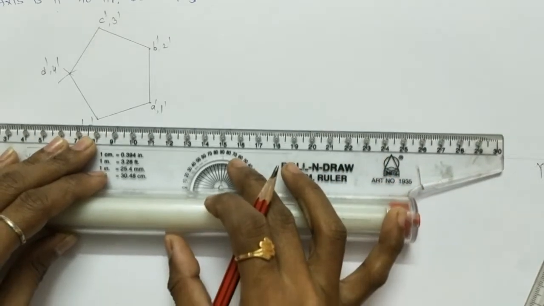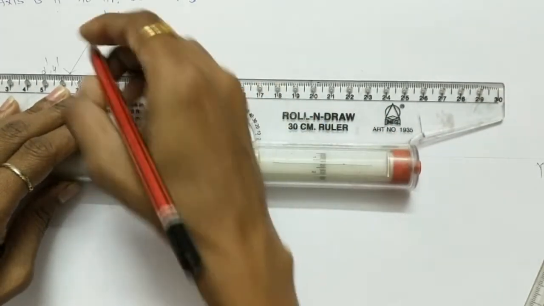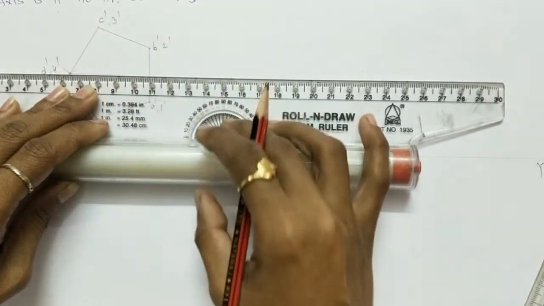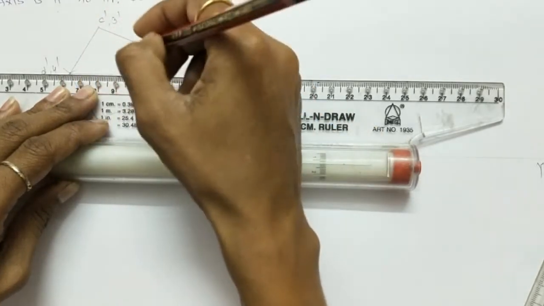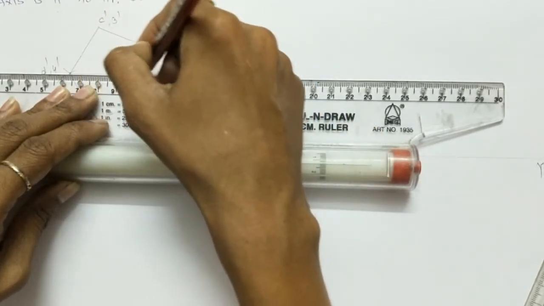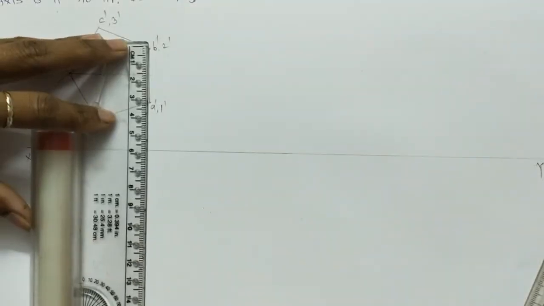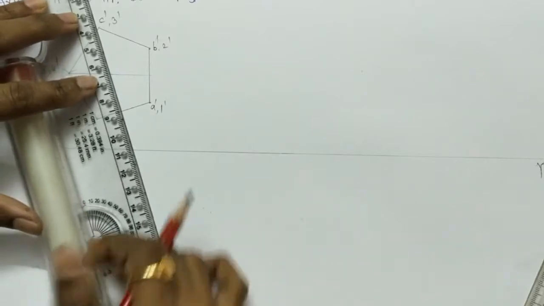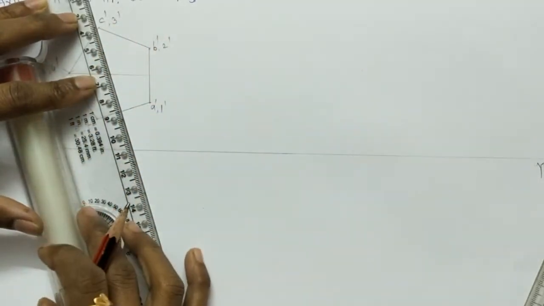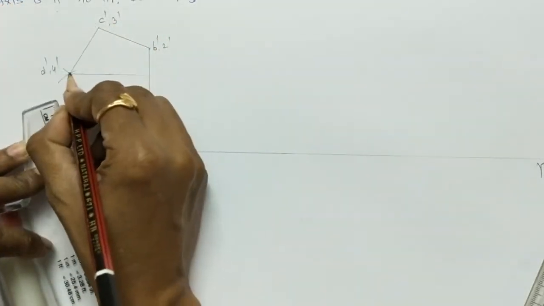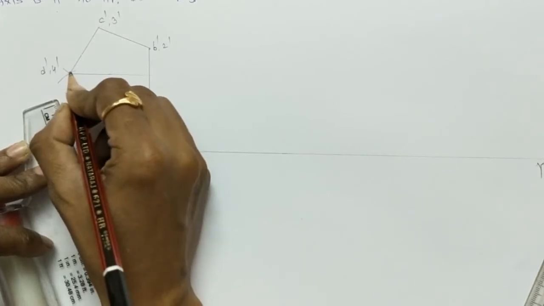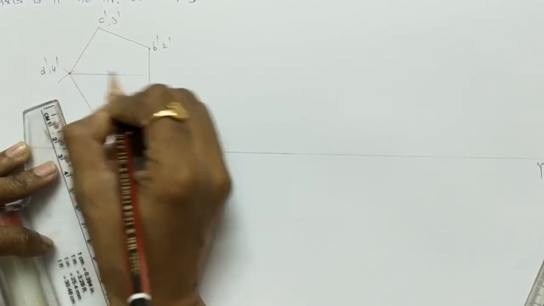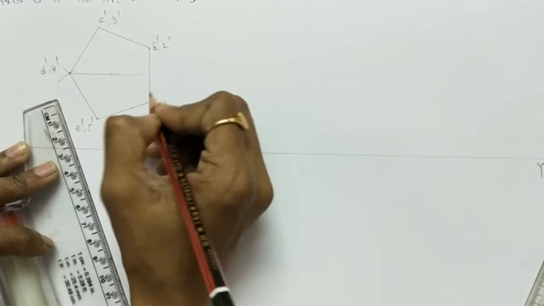For this, take a horizontal line from any point like this, which is a center point. So, the midpoint. Then I have drawn this line from this point and the center point of this vertical line.